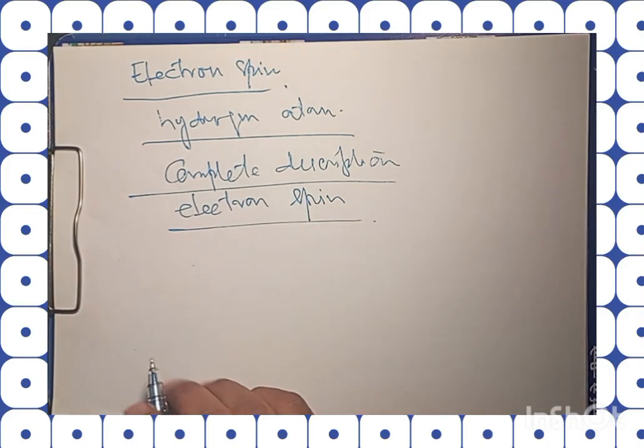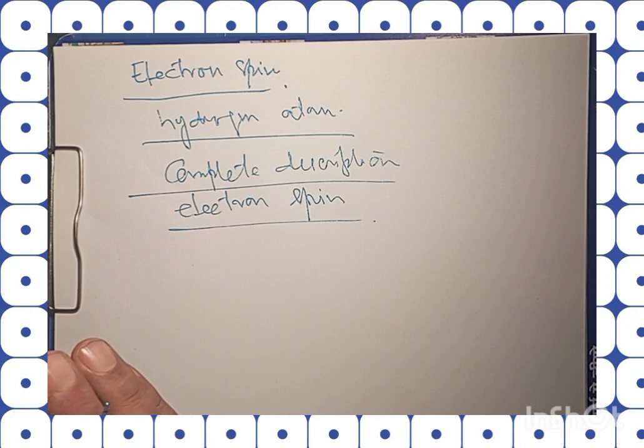So the point is that making use of quantum mechanics for the problem of the hydrogen atom, it does give us a satisfactory, comprehensive description of the hydrogen atom, but it's not exactly complete.